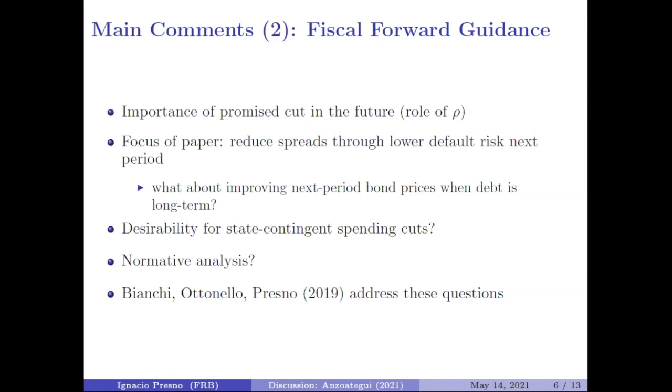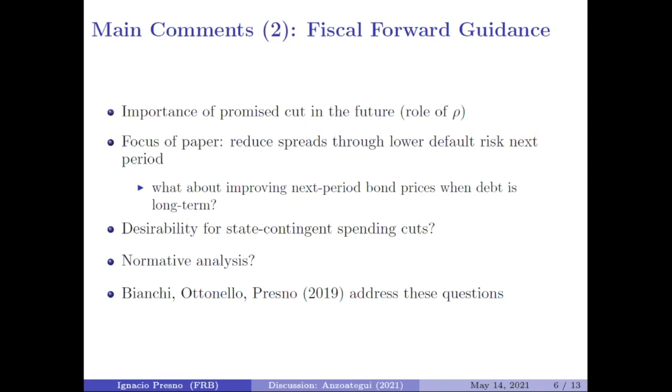And the third issue here is, okay, what are the welfare implications of this? Can we conduct any normative analysis? I mean, here we're talking about reducing spreads, but is that necessarily optimal? In the example that Diego provided, we are cutting spending tomorrow, but so are we today?